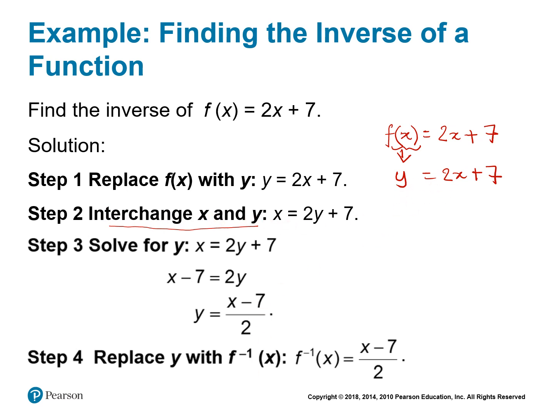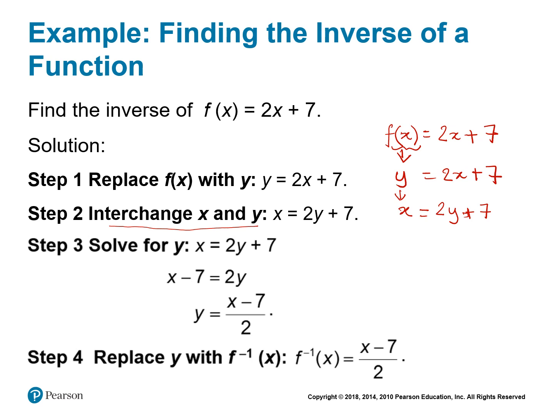So I'm going to make y x and then 2y plus 7. Again, this is also a very straightforward step. You are not doing any mathematics here. All you are doing is replacing y with x and x with y. You're not doing any calculation, no algebra involved so far.